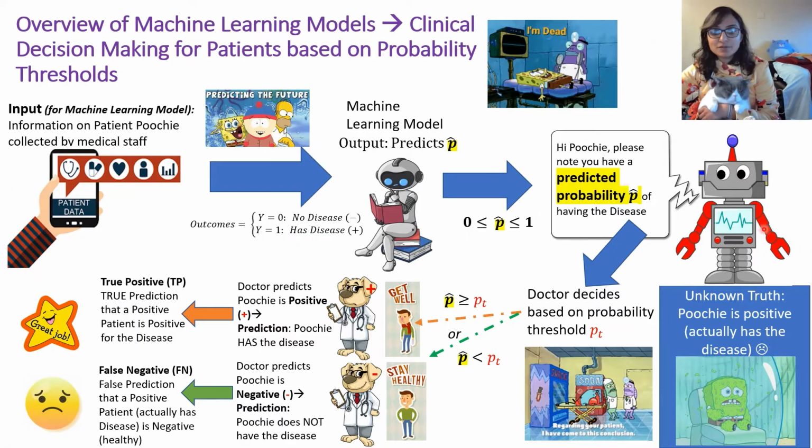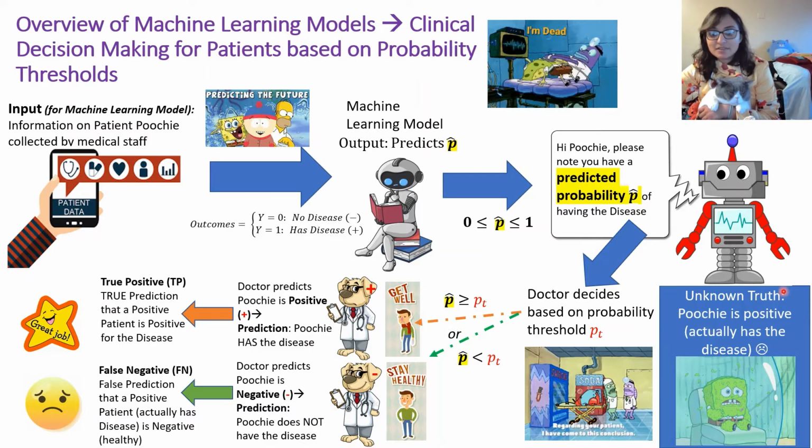I showed you the overall pipeline again, from input to the machine learning model for patient Pucci, how the machine learning model learns from the data to predict a probability that Pucci has the disease, and how the doctor decides based on the threshold probability: predict positive if the predicted probability is greater than or equal to the threshold, and predict negative if it is less than the threshold.